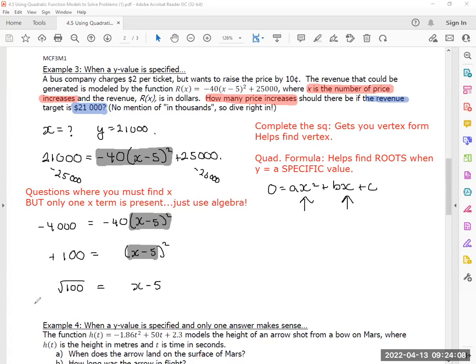But here's the catch. When you square root something, at this level of math, you should already know that it could be a positive or a negative value. In other words, this could be a positive or a negative 10.